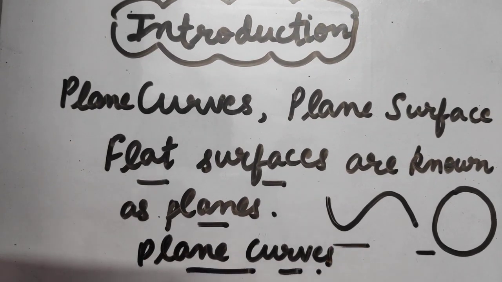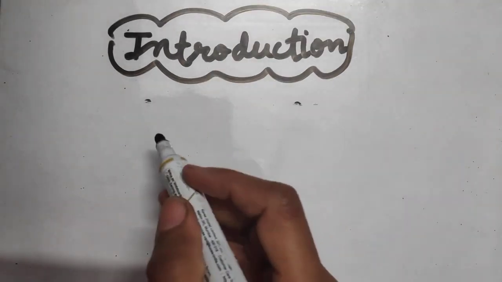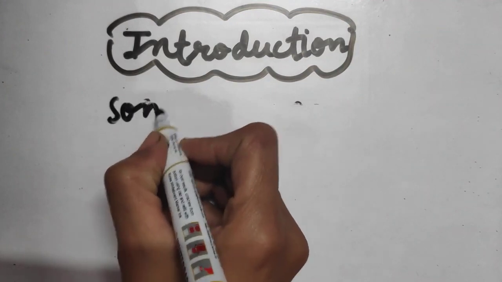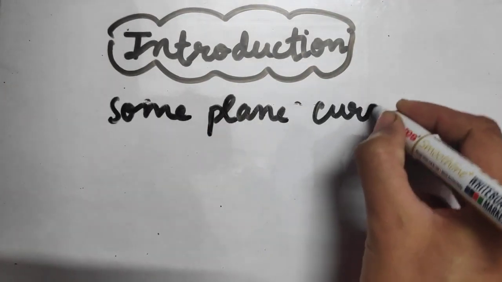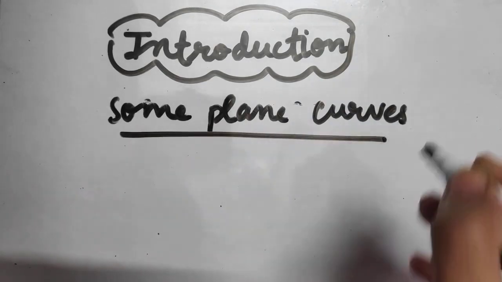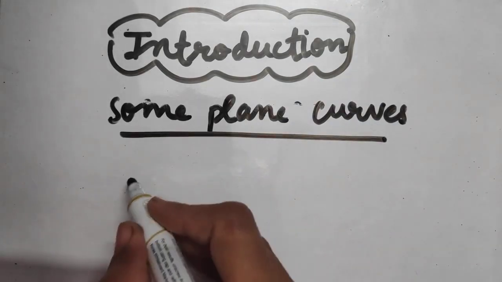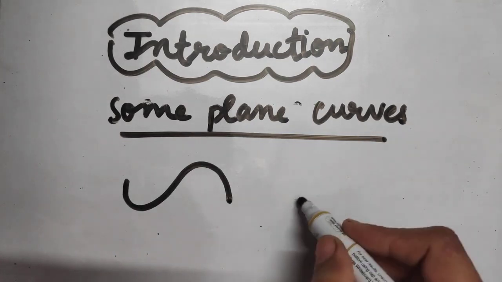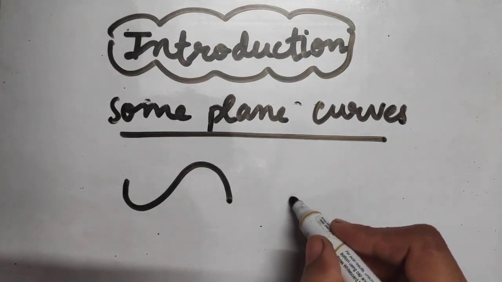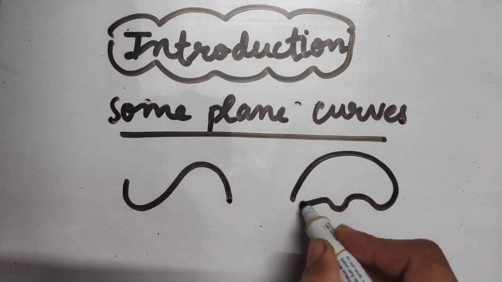So, let us draw a few plane curves. Now, you can see some plane curves I am making. Some plane curves can be made as shown below. This is one of the curves I have shown without lifting the tip of my pencil or marker. Then this shape I have made.